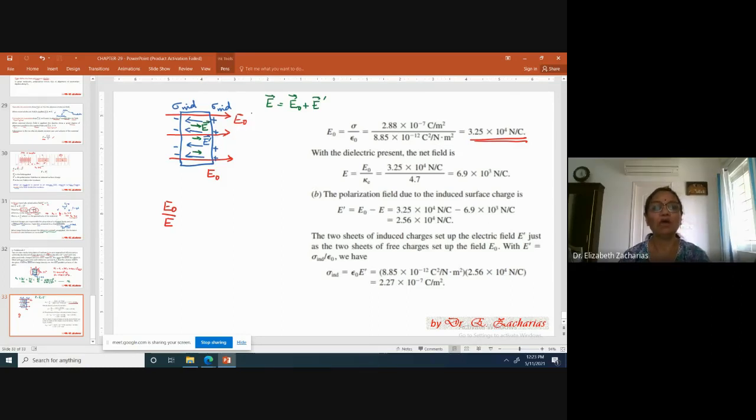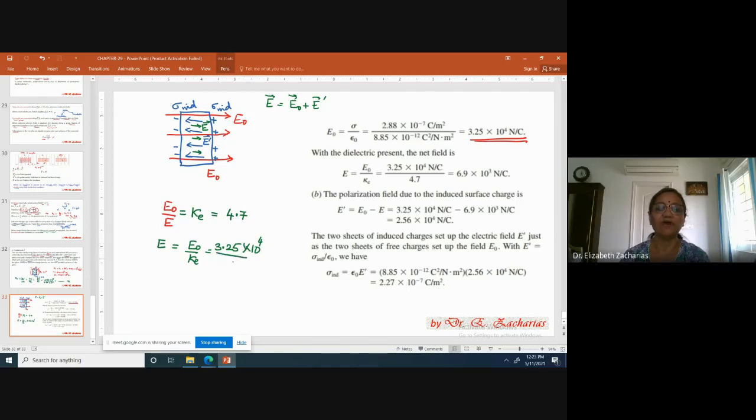Okay. And I already know the relationship between E naught and E. I've seen that E naught by E is equal to kappa E. I know kappa E, it is already given for my sample, it is 4.7. I know my E naught also. So therefore, I get my E. E is going to be E naught by kappa. E naught I calculated from the previous page. It is 3.25 into 10 to the power of 4.